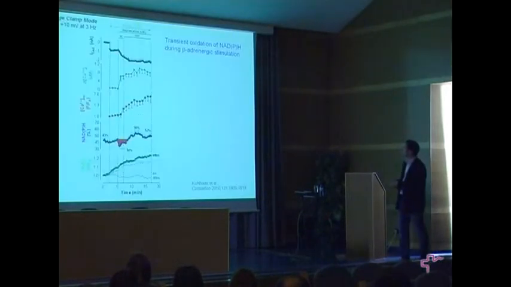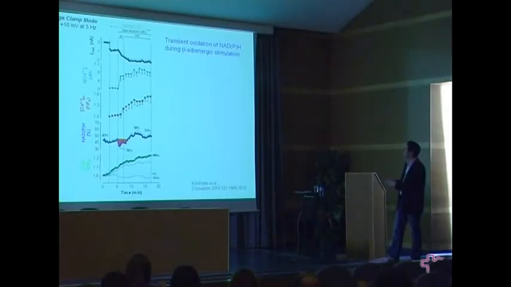To test this, we again applied the patch clamp technique and either monitored cytosolic and mitochondrial calcium in the same cell, or in a second protocol, we monitored the redox state of NADH together with the H2O2-sensitive indicator DCF.